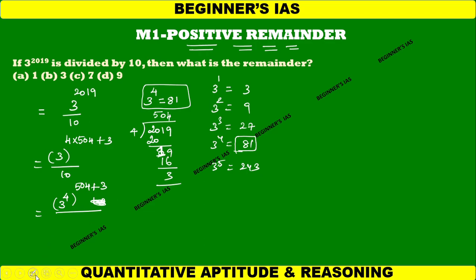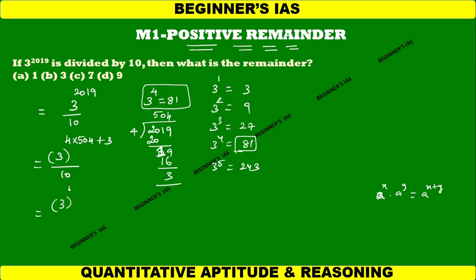Or else I will simplify here so that you can understand in a better manner. Just listen carefully. I am splitting this using the base common property, a power x into a power y is nothing but a power x plus y. That property only I am going to apply.